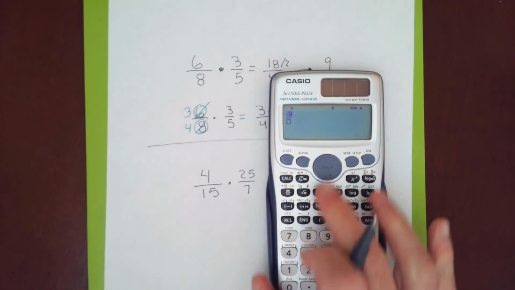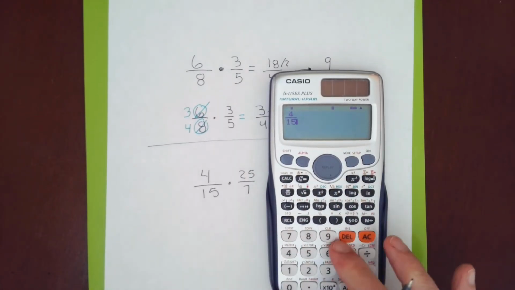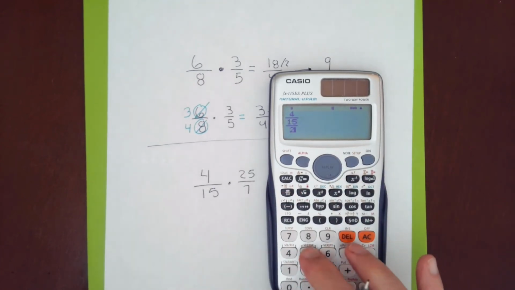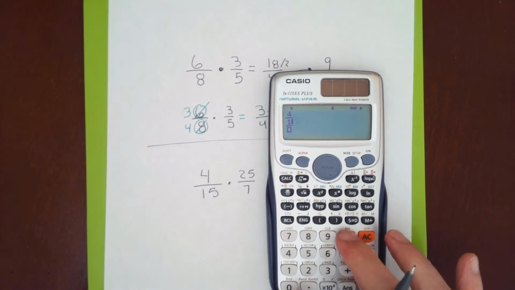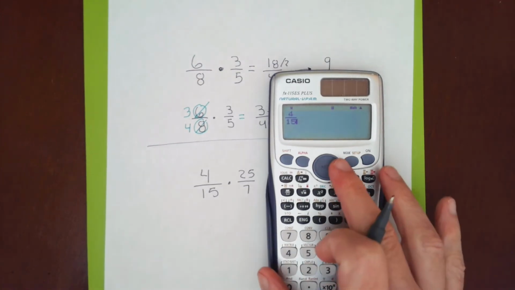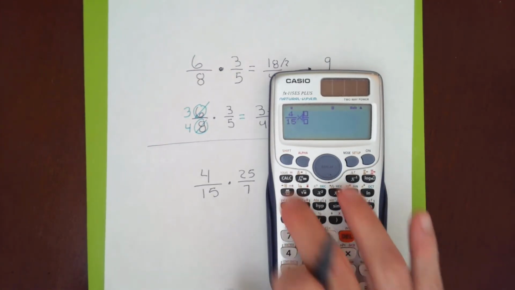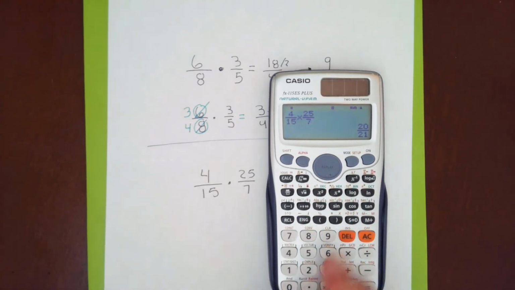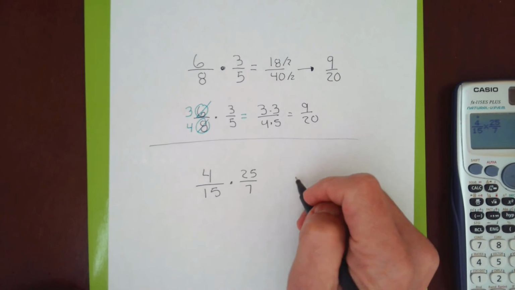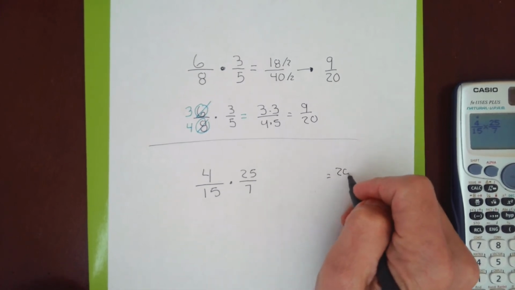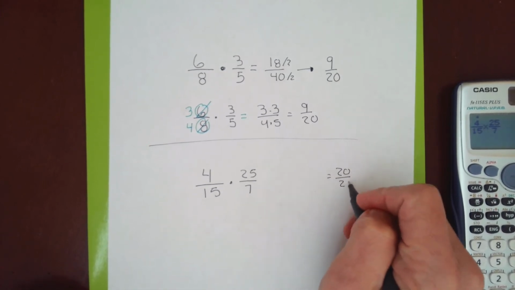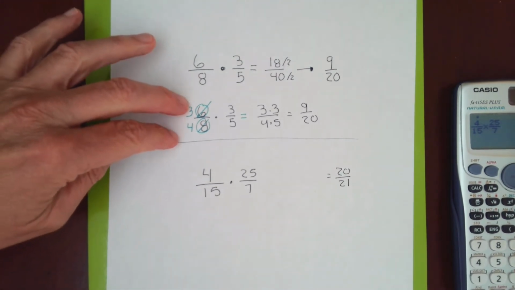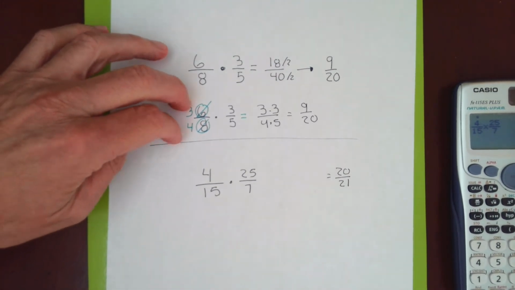So 4 over 15 times 25 over 7. That should be 20 over 21. And to get that answer without my calculator, I generally like to cancel and then multiply. One way to cancel is you can cancel within the same fraction if that's reducible.